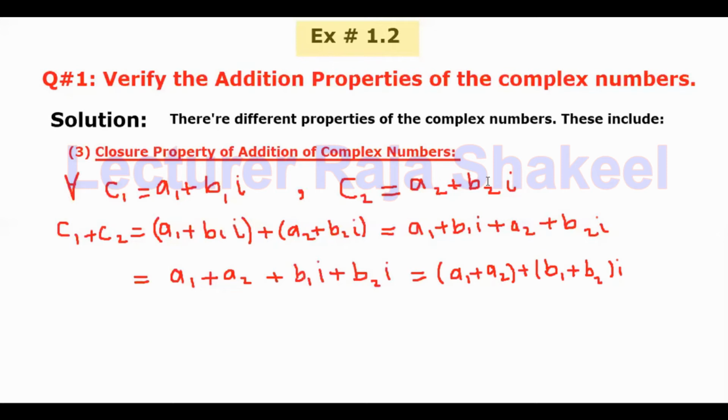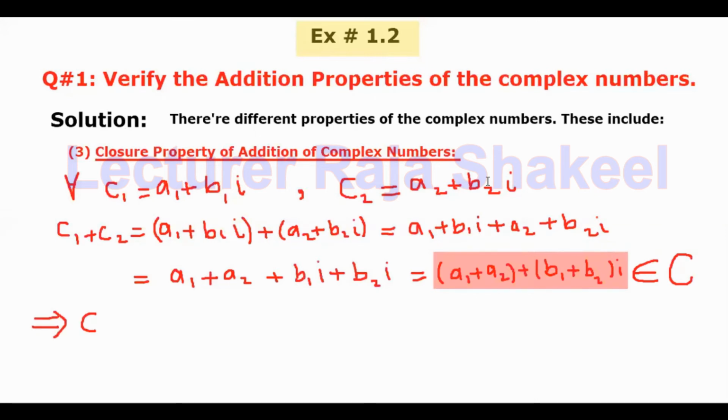As far as their nature is concerned, they are real, so B1 plus B2 forms a real number, which when combined with iota is called an imaginary number. So this is also the portion which comprises the complex number. So this is a new complex number, which is A1 plus A2 plus B1 plus B2 of whole iota. This is a new complex number, and so it belongs to the complex numbers.